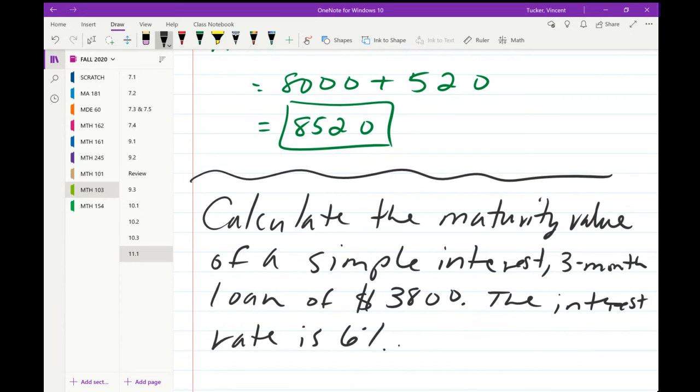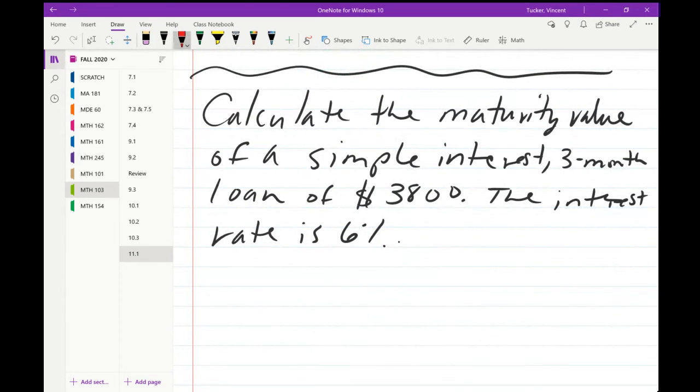Interest rate is 6%. All right, so let's establish our variables.